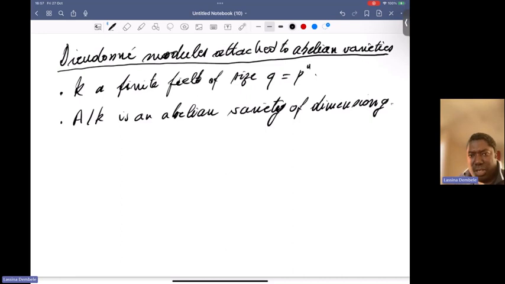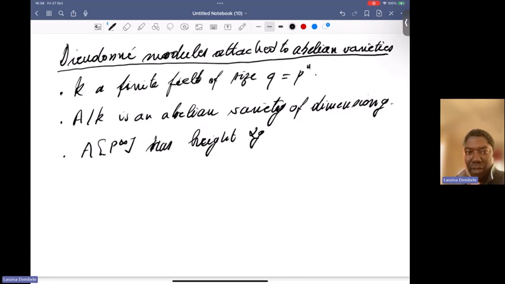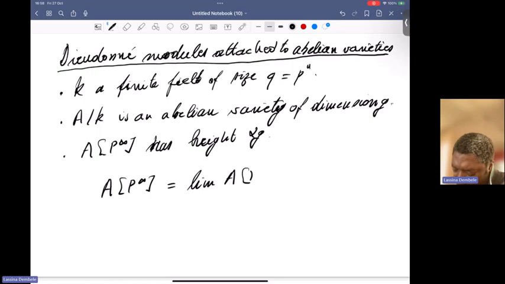And as we saw in the previous part, this means that if we look at the p-divisible group, this has height 2g. And as we saw, this is basically the inductive limit on the p to the n torsion points of our variety.